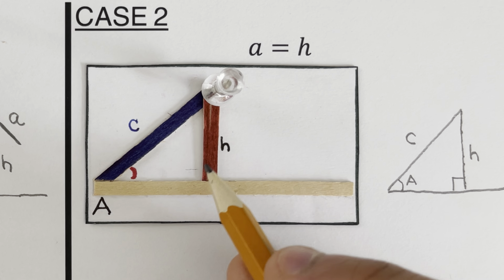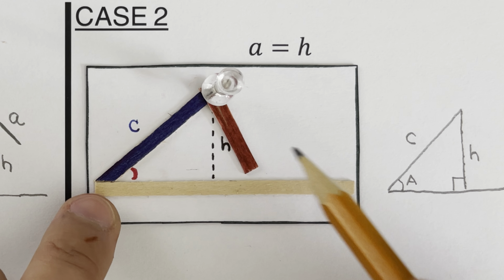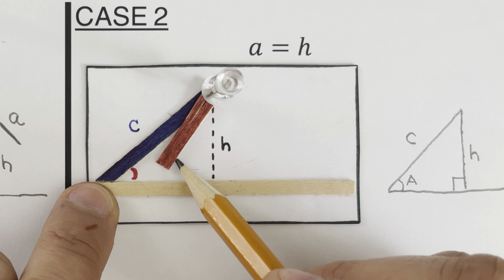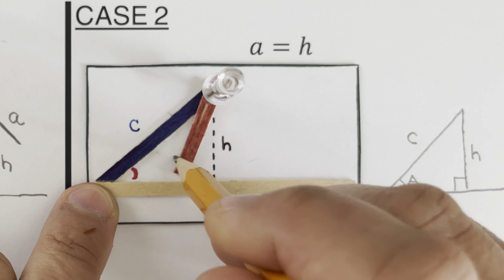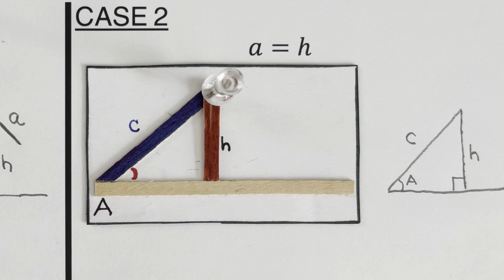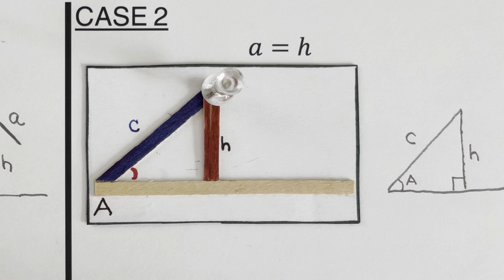If we tilt it or swing it to the other side, we cannot create another triangle. However, if we match it up with the height, then we are able to create one right triangle. So I'm just going to label that. For case number 2, whenever a is equal to h, we get one right triangle.